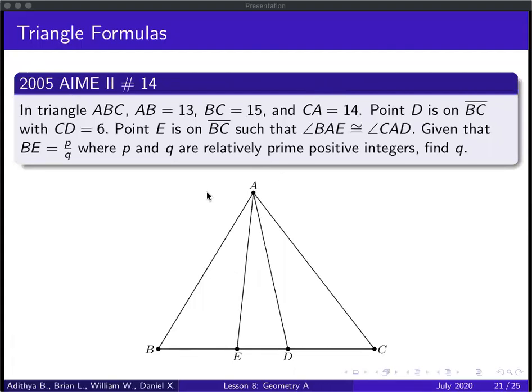We know the lengths AB, BC, CA, so we know our given triangle. And we also know some angle equalities. In particular, BAD is equal to angle CAE, and BAE is equal to angle CAD.